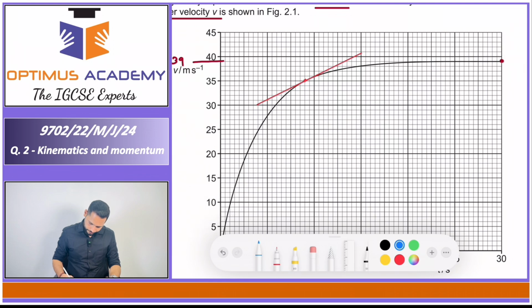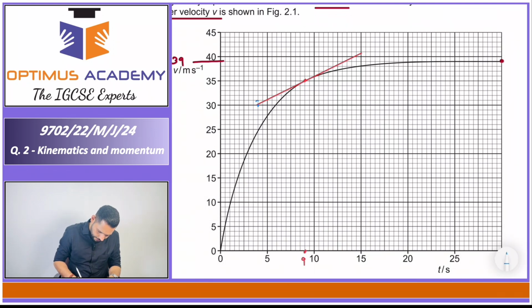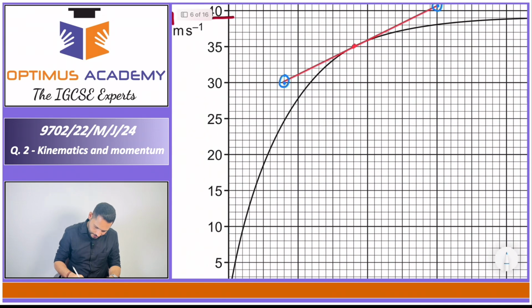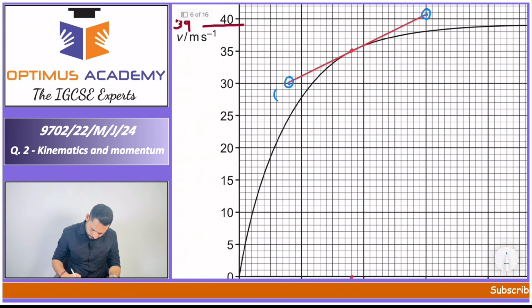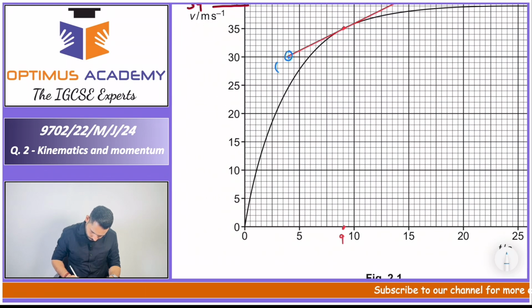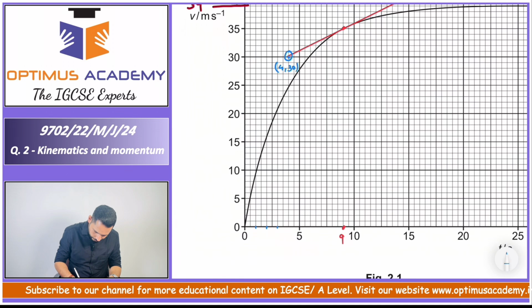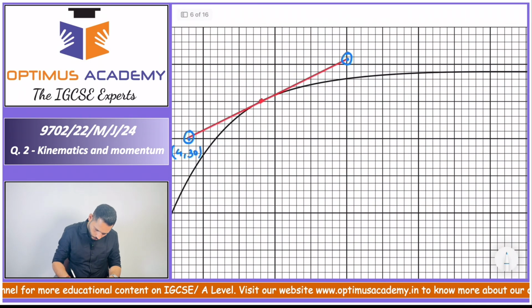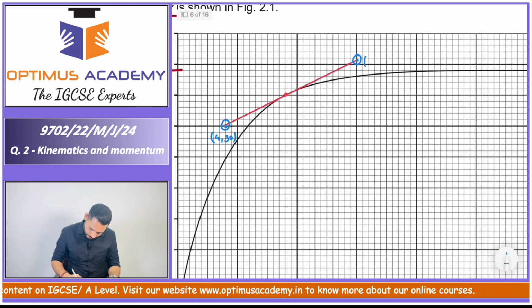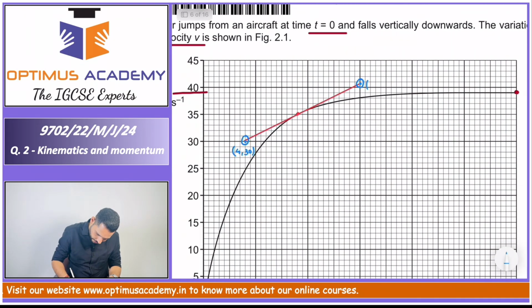So, we can consider this point and we can consider this point to calculate the gradient. The coordinates for the first point are 4, 30 and coordinates for the second point are 15, 40.5.